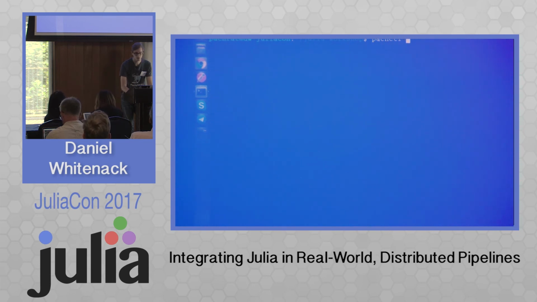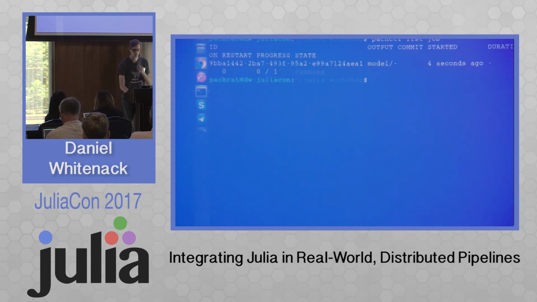So immediately when you do that, you'll notice something happens. If you do list job right after you create that pipeline, you'll see that Pachyderm has automatically spun up a job to do that model training. So let's think about why that happened for a second. We had this repo called training, and we put data into it.